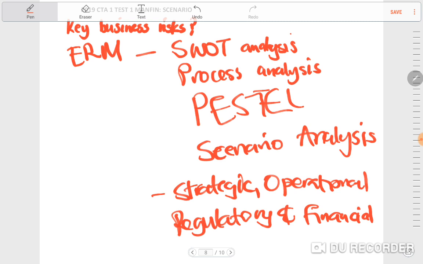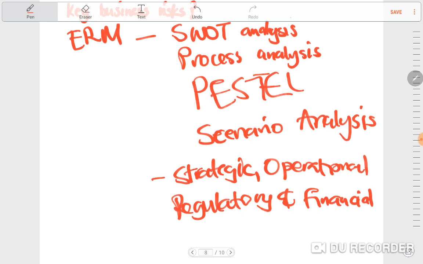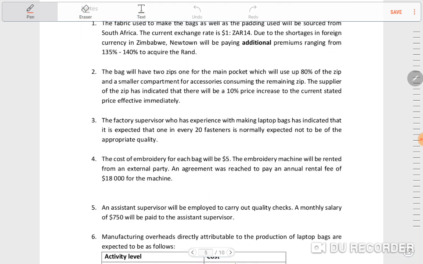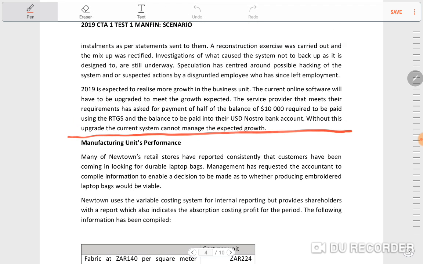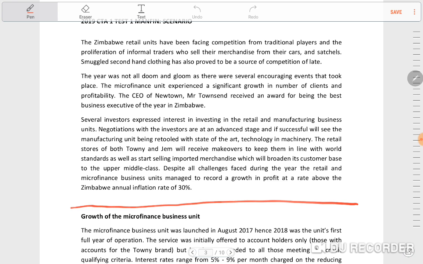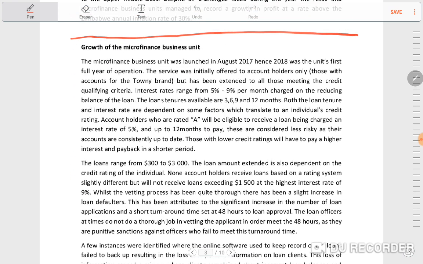Now, these were the tools that we were supposed to use to identify risks. So, as all other sections from the scenario were specifically scoped out, we needed to identify from this specific section what the key business risks of the microfinance business unit could be.